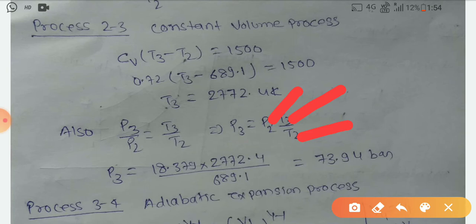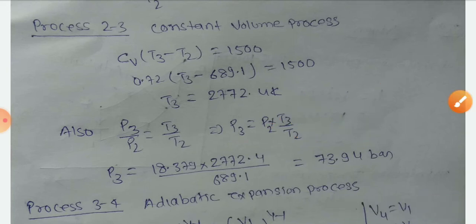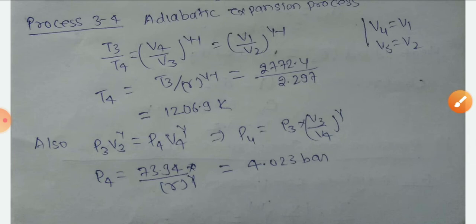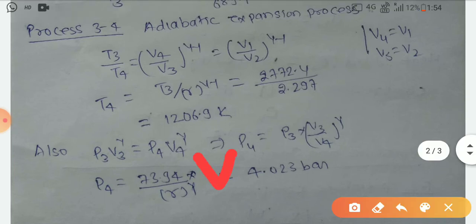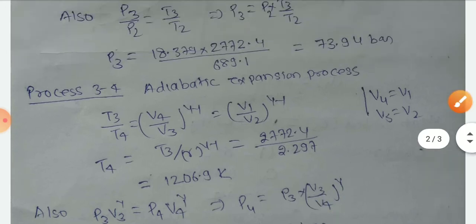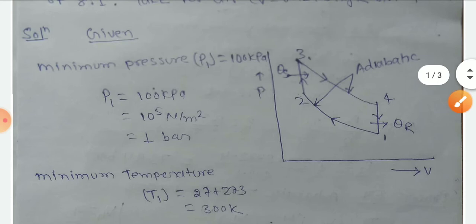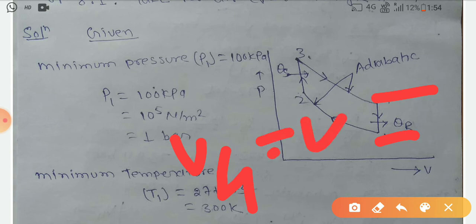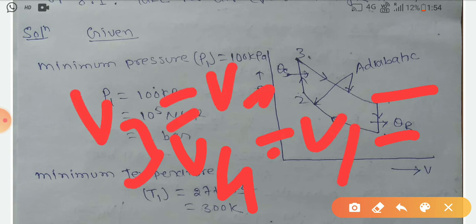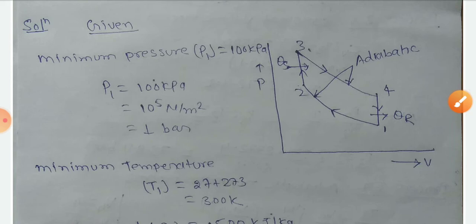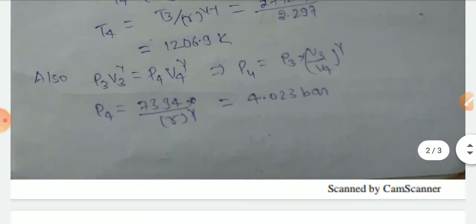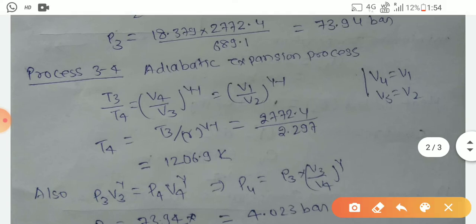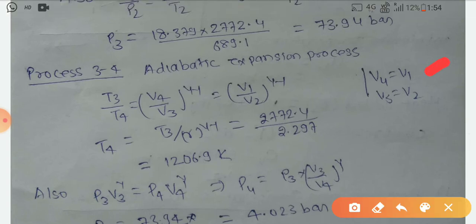Now I am going to proceed to the next process, 3 to 4, that is the adiabatic expansion process. For the adiabatic expansion process you can write T3 by T4 equal to V4 by V3, whole power gamma minus 1. You can write V4 equal to V1 and V3 equal to V2, because it is a constant volume process. So in place of V4 you can write V1 and V3 is equal to V2.